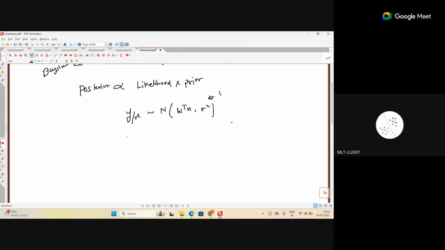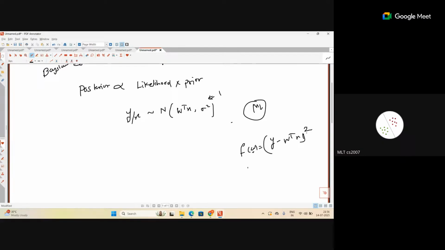Until now, whenever I was doing the maximum likelihood estimator, I was saying that I do not have any information about w. I was treating w as a constant, not as a variable.